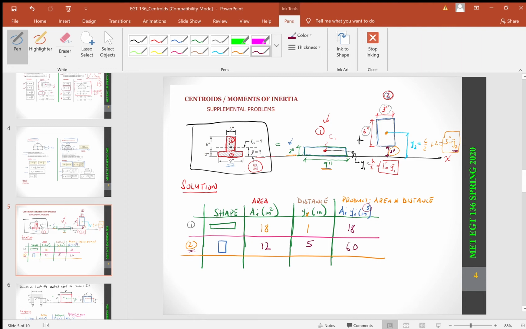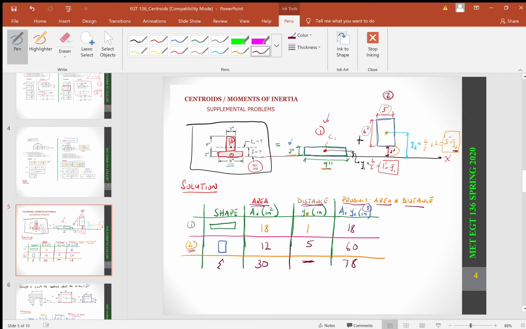The next step I want to do is sum the area, which is going to be 30, right? You never do anything to the distance. And then I want to sum the product of the area and the distance. So as I have a line here, here's the area, here's the distance, which is my y bar 1, y bar 2. And this column holds the product of the area and the distance. I want to add these two up, and that's going to give me 78.